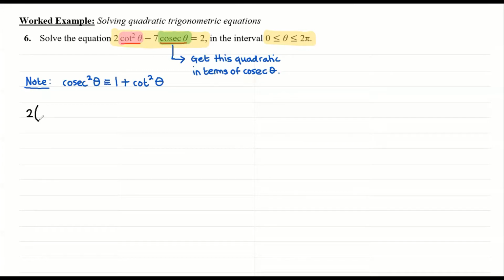Okay, so let's just have a look at how this will pan out. Well, if it's cot squared, notice from the identity that if I subtract 1 from both sides, which we've done previously, I get the cot squared isolated as the subject. So that's good. So I'm going to replace the cot squared with cosec squared subtract 1.